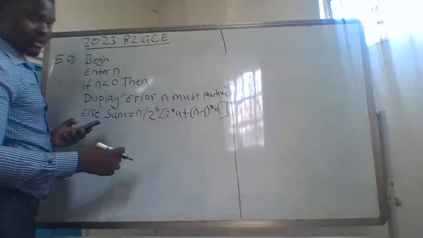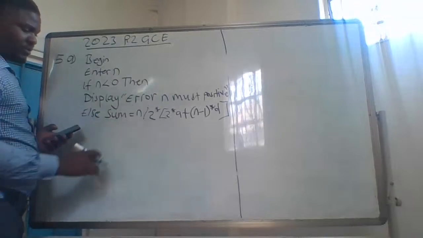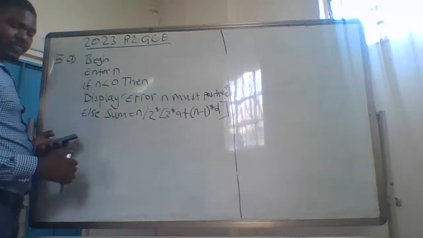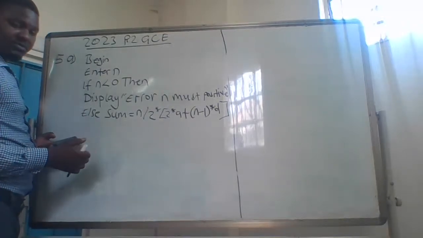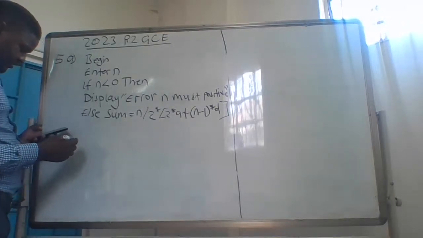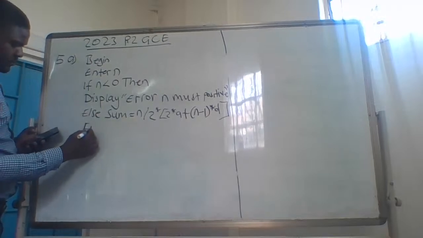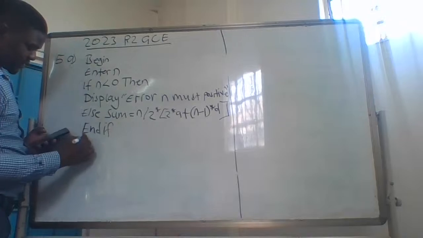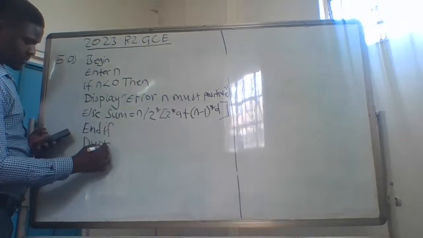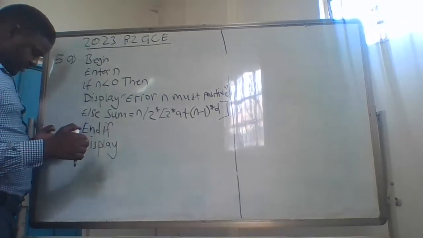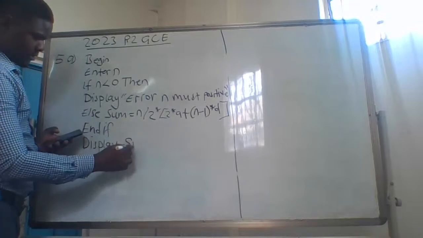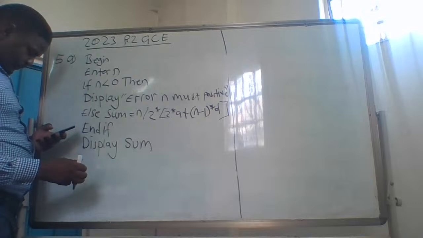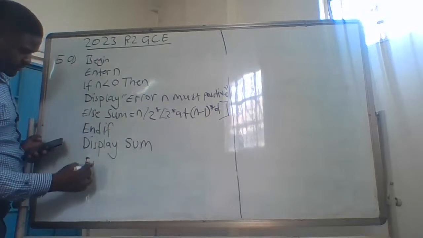Okay, sure, this formula sounds so familiar. This is the formula for calculating the sum of an AP, arithmetic progression. Okay, then from there we say, and if display sum, and we say n.